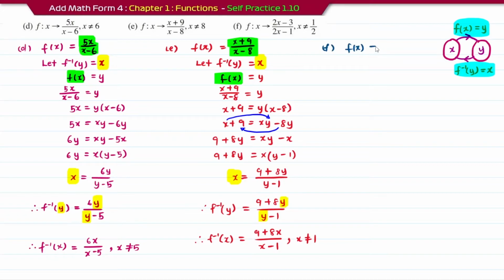So f of x is equal to 2x minus 3 over 2x minus 1. So first, let the inverse f of y equal to x. Therefore, f of x will be equal to y. So f of x is 2x minus 3 over 2x minus 1. Next, move this 2x minus 1 to the other side.